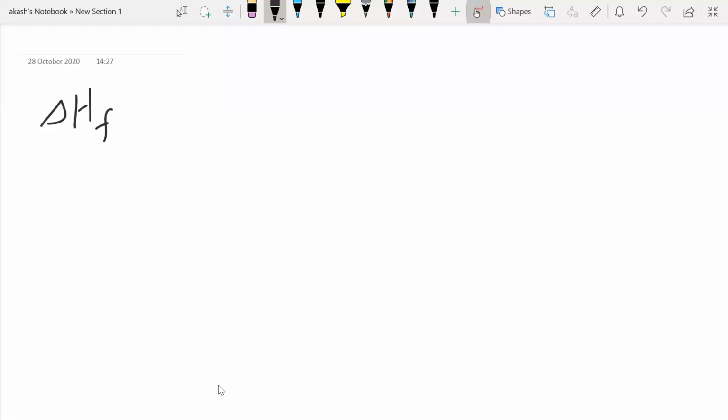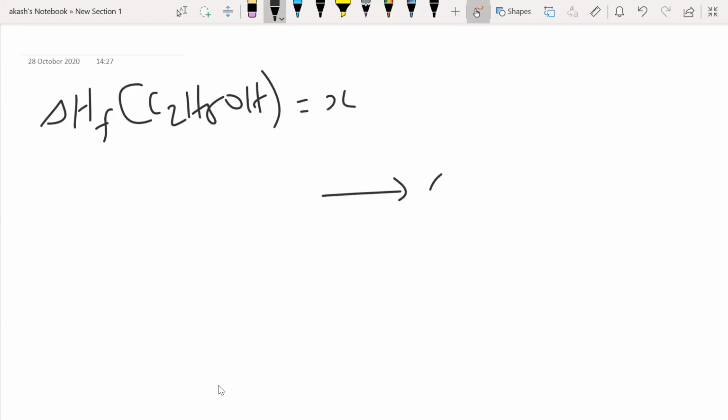So with this we saw, right? So I'll give you one last example and we'll move on. So if I say delta HF of C2H5OH, this is my ethanol, right? Now, if I say that its value is some x kilojoules per mole, how will I write it? So I have to make sure that in the product side, I have 1 mole of C2H5OH, right?